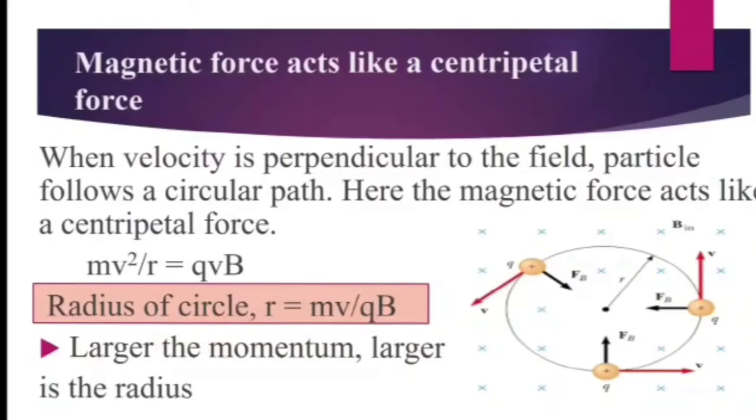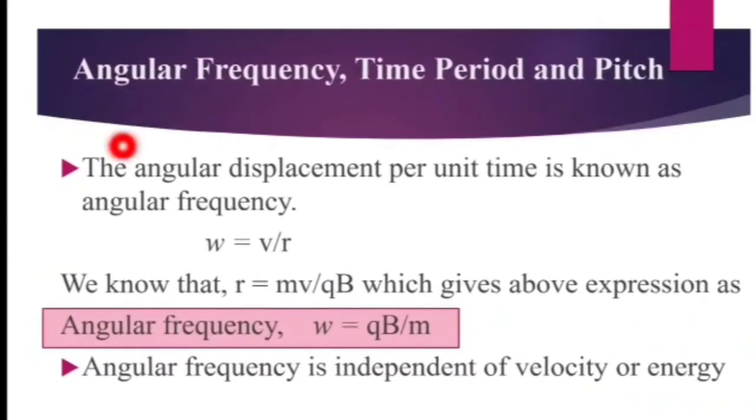Now regarding the helical path, there are certain terms that we have to understand, that is angular frequency, time period and pitch. Angular frequency is the angular displacement per unit time, which is given by the expression omega is equal to v by r.